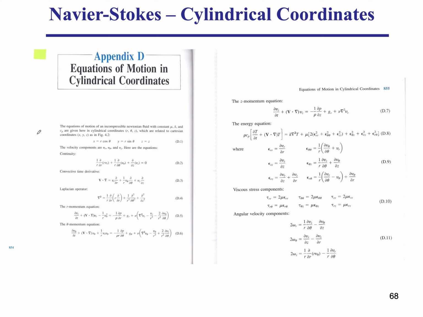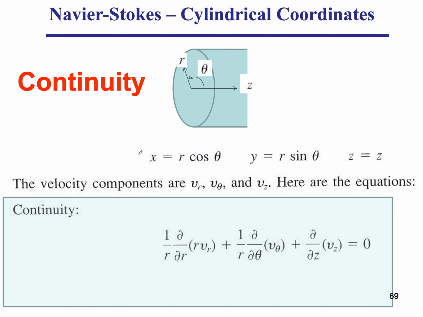Hello. Today we are doing the round pipe flow example, and for that we need the Navier-Stokes equations in cylindrical coordinates, as we spoke the other day, and you'll find those in Appendix D. So let's look at those closely.